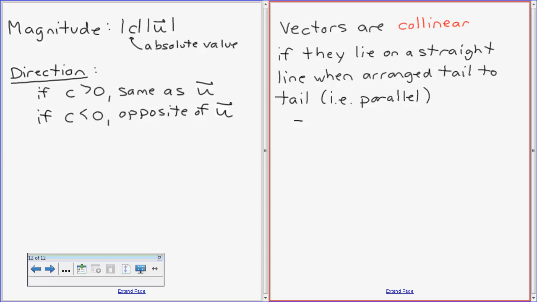Then we're going to say they are called linearly dependent. That's easy for me to say. If they can be combined to form the zero vector.